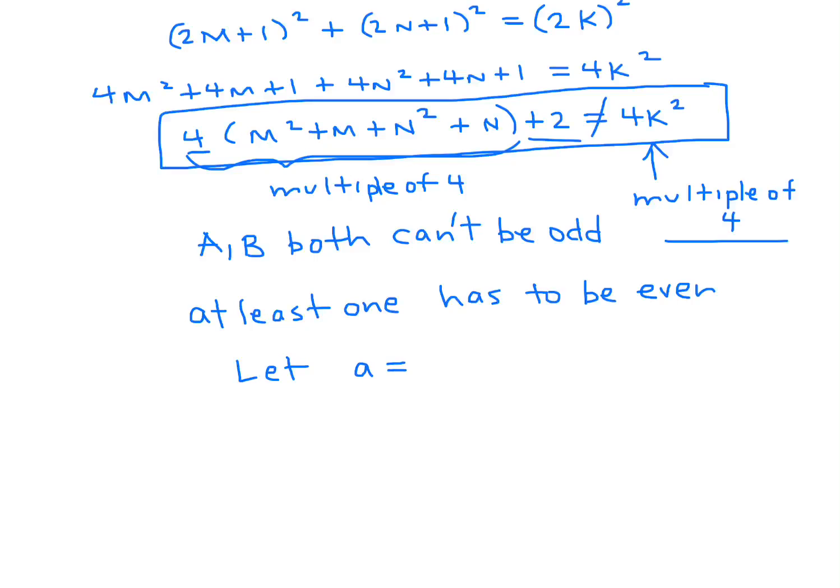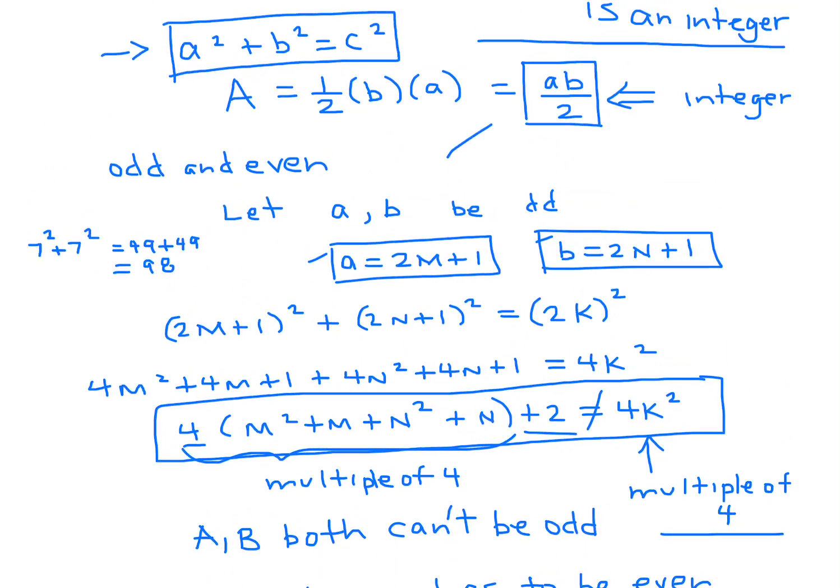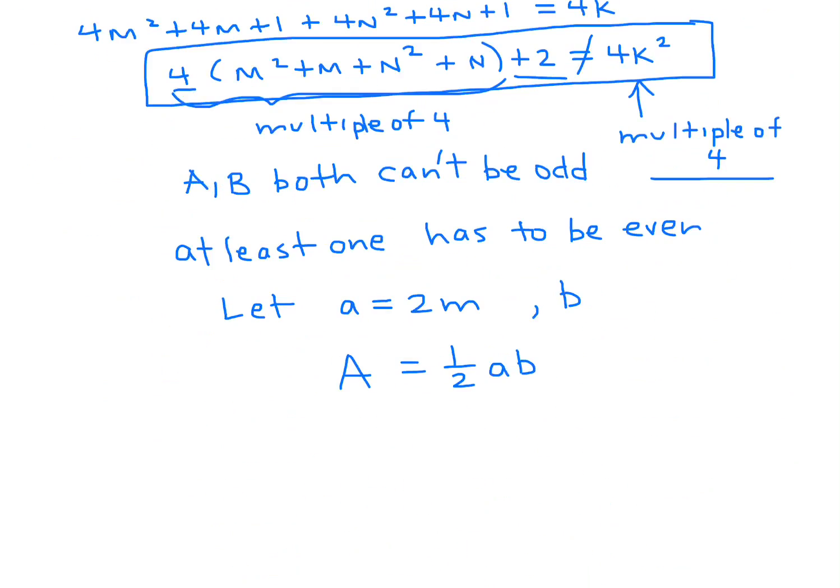So let a equal the even number. So if a is even, we've got 2m for a. All right? And b is some integer. Now let's look at the area. Area is always 1/2 base times height, which is the expression that we had up here, right there.